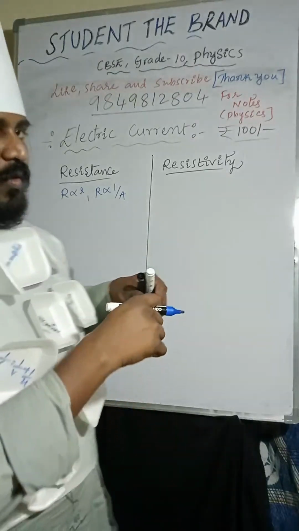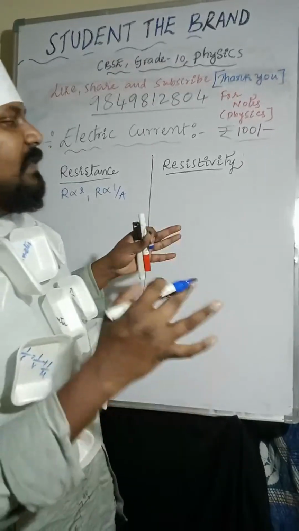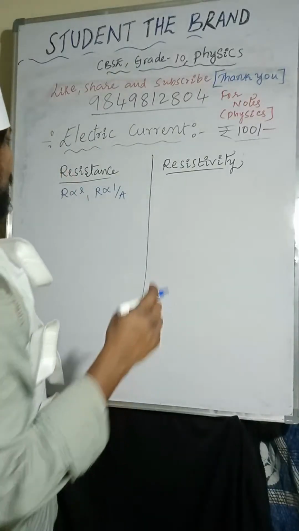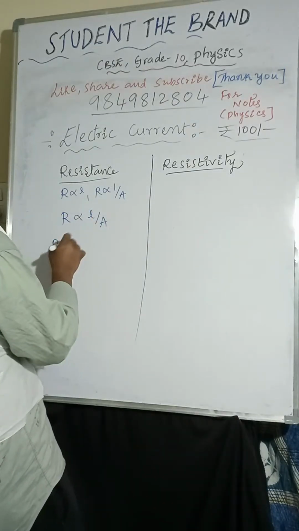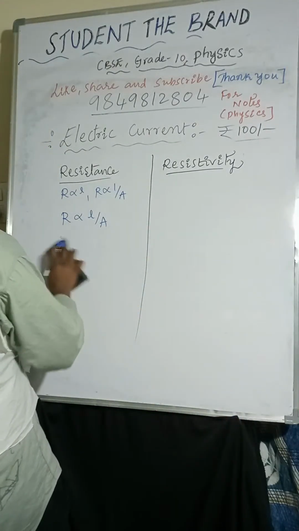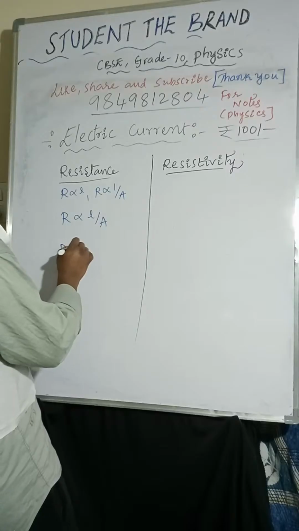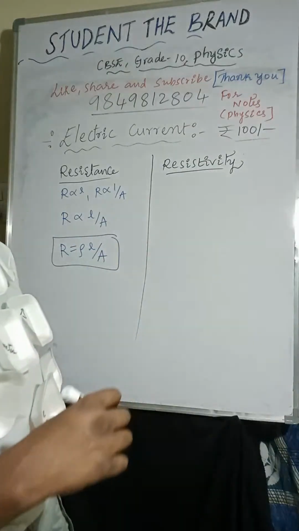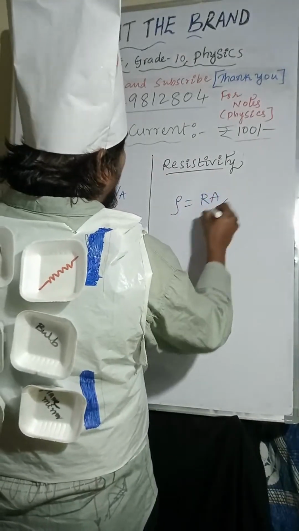If the length is more, the resistance will be more, and if the area of cross section is more, the resistance will be less. So R is directly proportional to L by A: R equal to rho into L by A. Here resistivity rho equals RA by L.